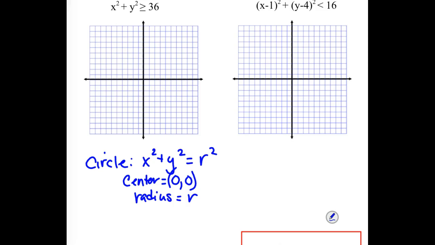That is a circle centered at the origin, and it has a radius of what? Radius would be 6. So we're going to put a dot at the origin, and then we're going to go out in all 4 directions, okay? 6 spaces.